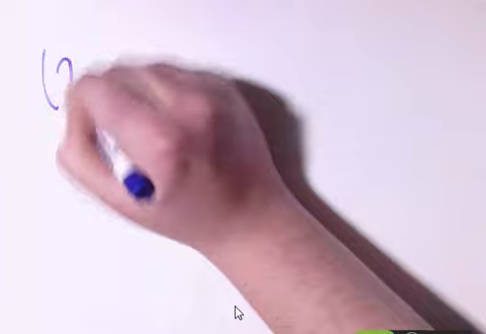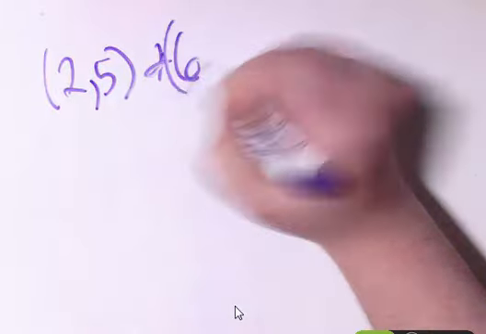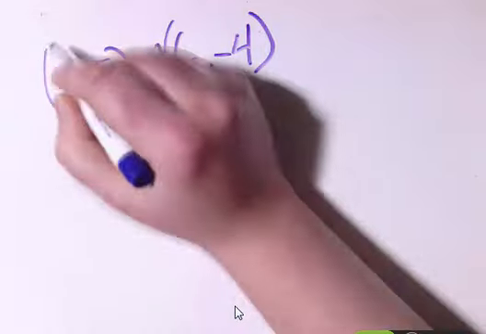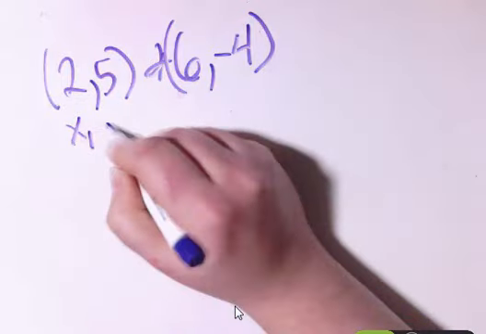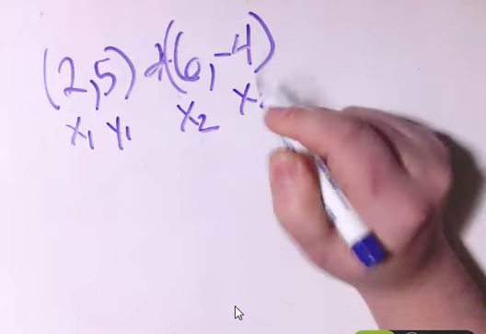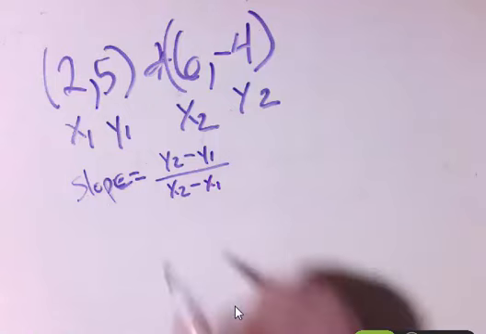Alright, so let's go ahead and run through another example using the equation. So we're looking for the slope that passes through the points 2, 5 and 6, negative 4. So we just have to plug in the numbers.